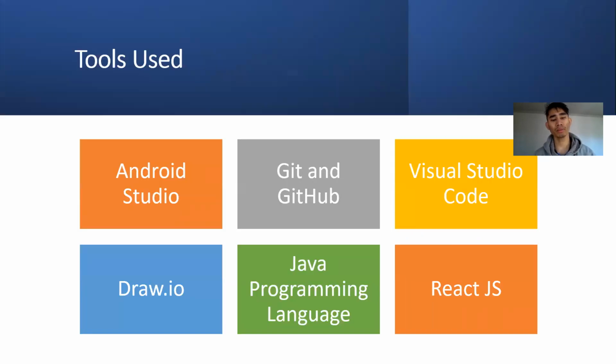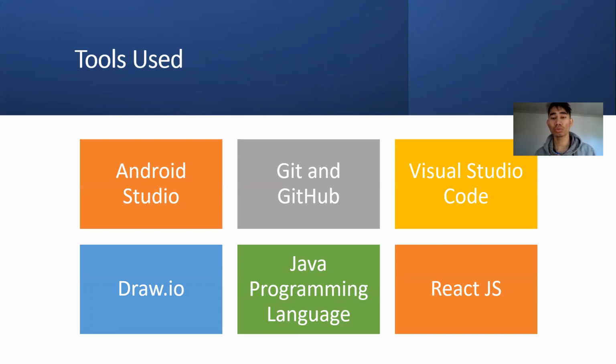For developing our system, the tools we used were Android Studio, our IDE for developing the Android application; Git and GitHub for storing our data and as a version control system for our application code; and Visual Studio Code, our IDE for developing the admin side.